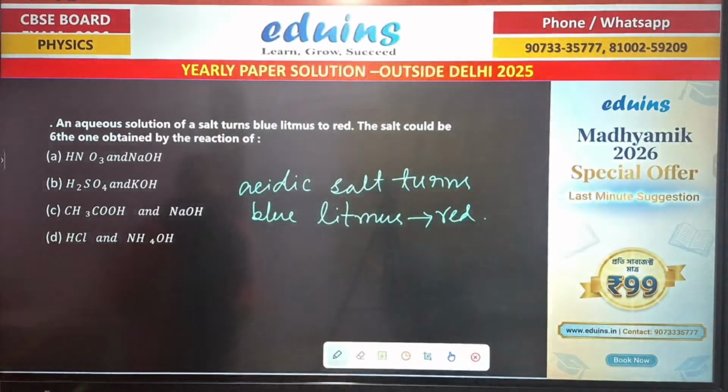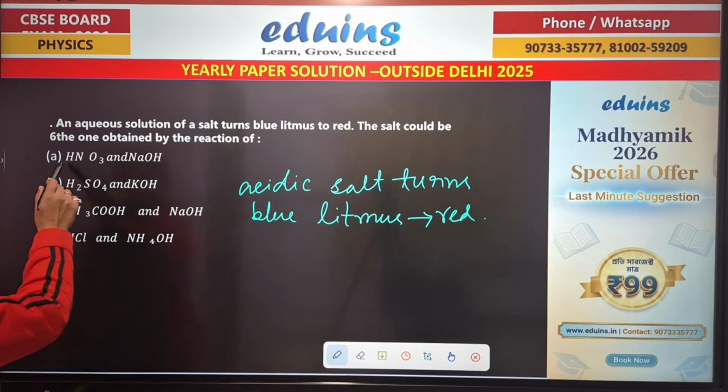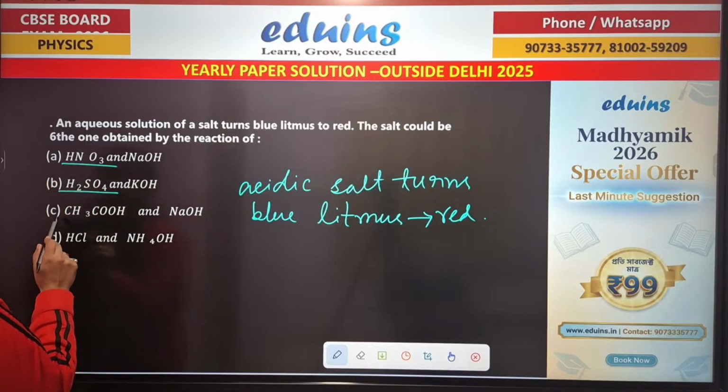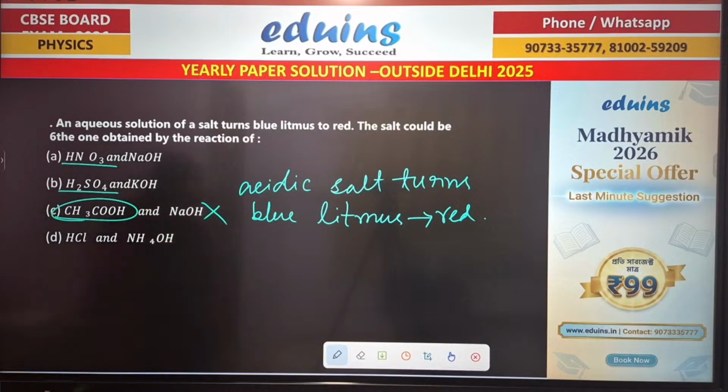Now, here one of the options contains a strong acid and a poor base. That will make an acidic salt. So, what will be the correct answer? So, strong acid with weak base. Here, HNO3 is strong, H2SO4 strong, and this is not strong, so this will not be a correct answer. We have to nullify the answer, right?